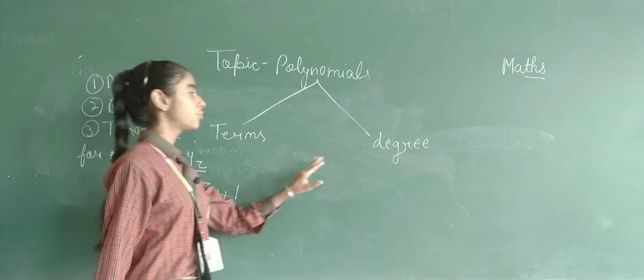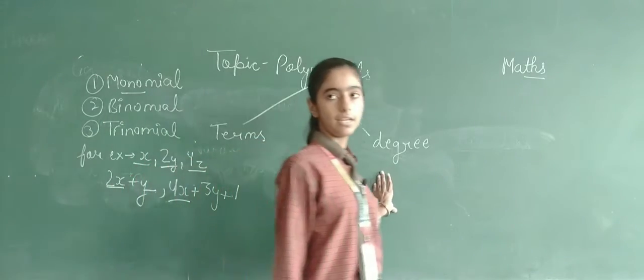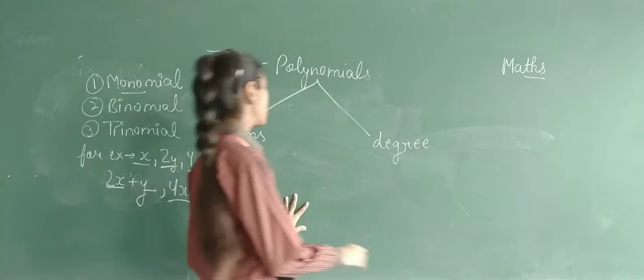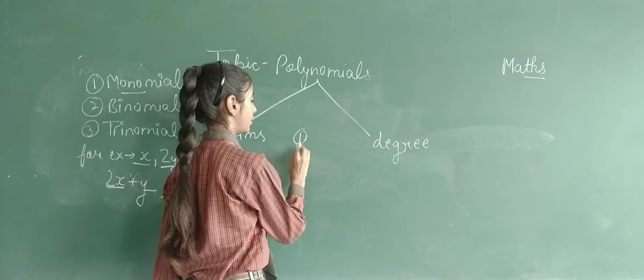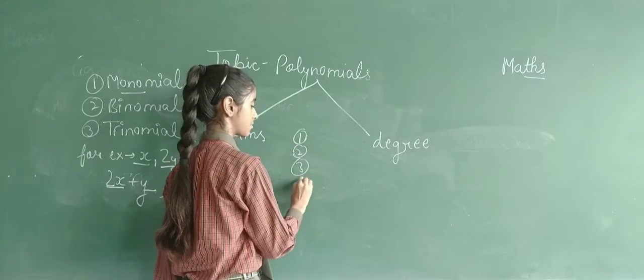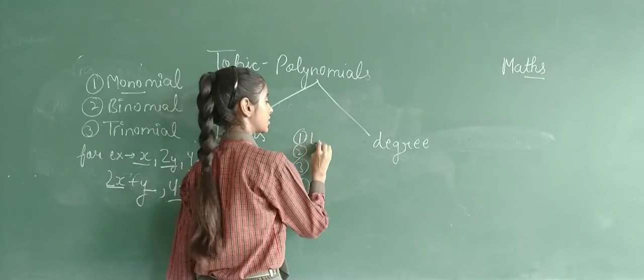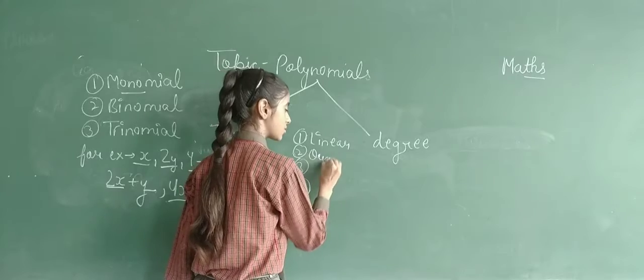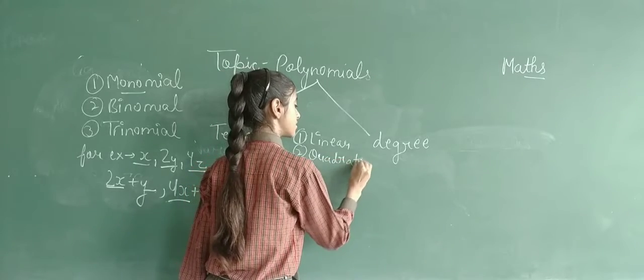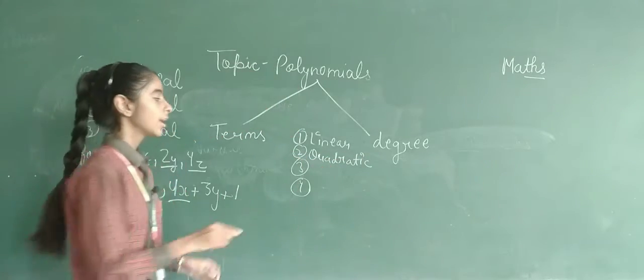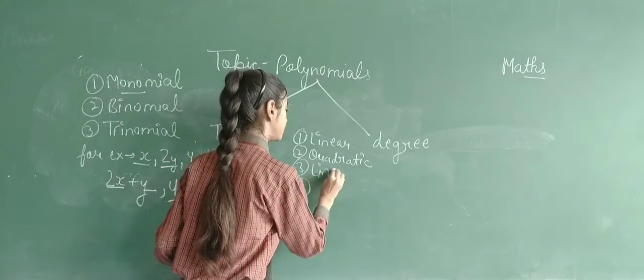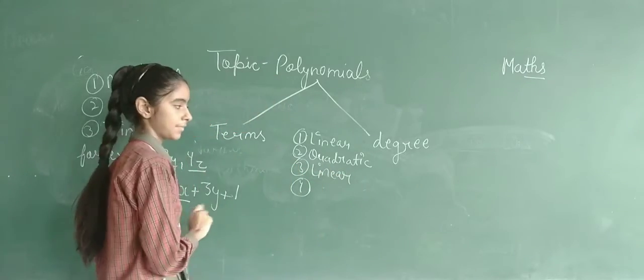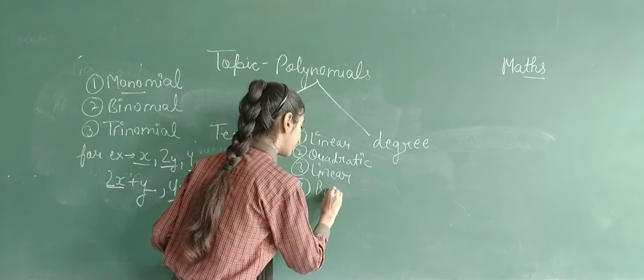Now we will study about polynomials on the basis of degree. So on the basis of degree, polynomials are of 4 types.